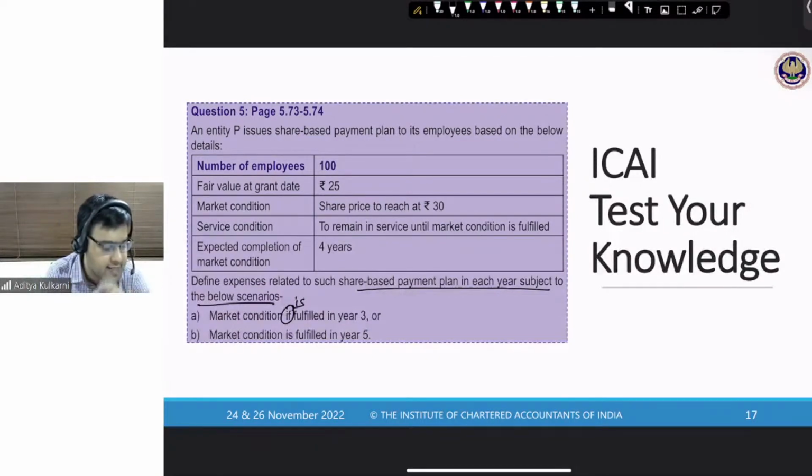Now, if I estimate that period on the grant date, what I estimate will be my initial basis for measurement.